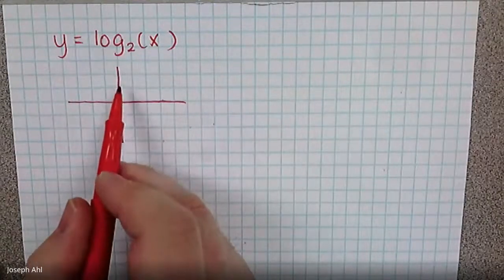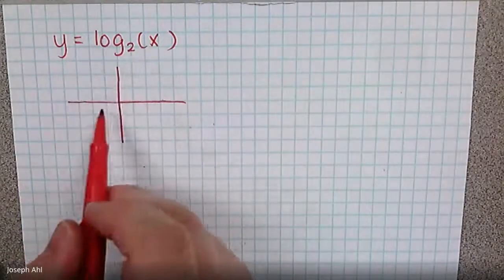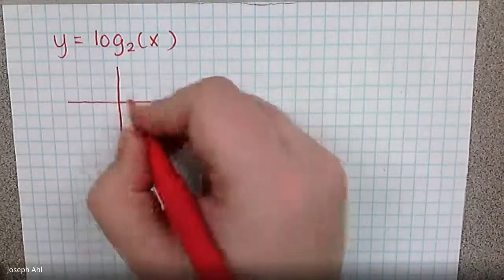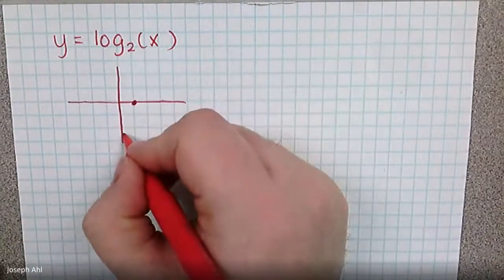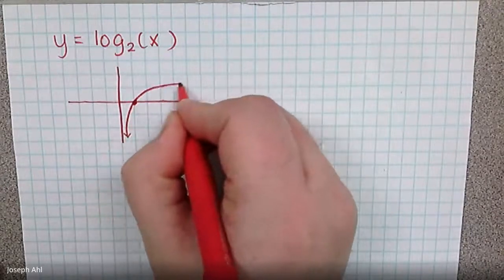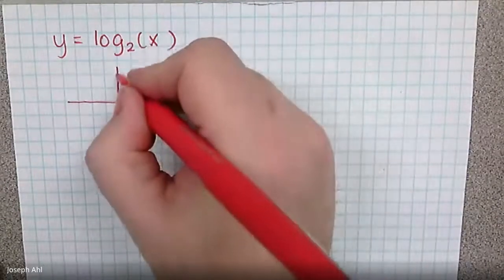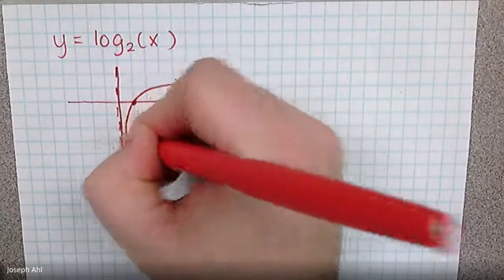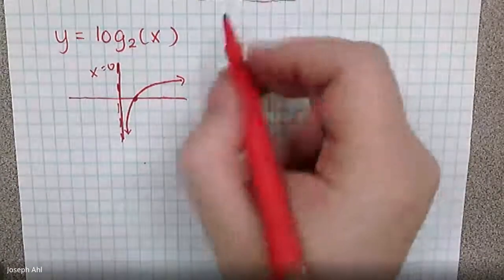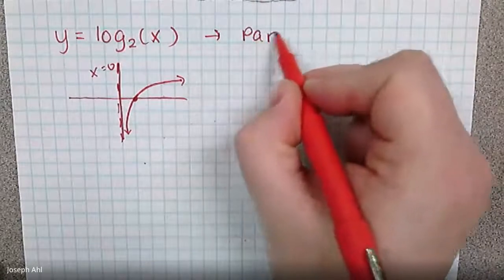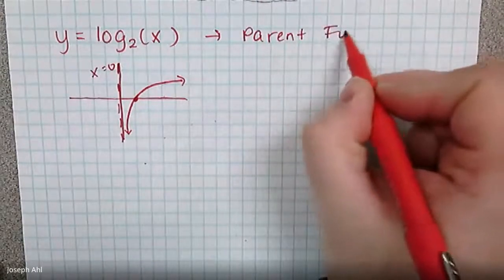For an exponential, we would plot the y-intercept to make sure we approach the horizontal asymptote correctly. For a log function, I'm going to expect the x-intercept in the right location, the general shape sketched, and that you approach the vertical asymptote at x equals 0. So that's the general form. I want you to think of this for today as being the parent function.